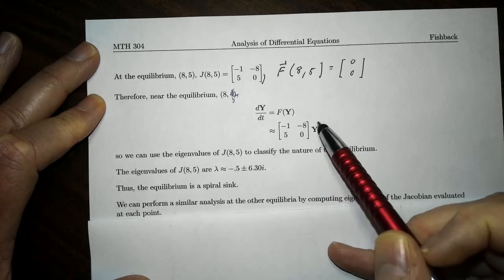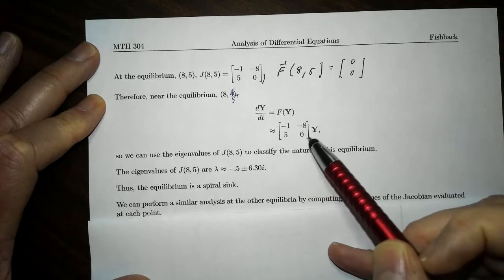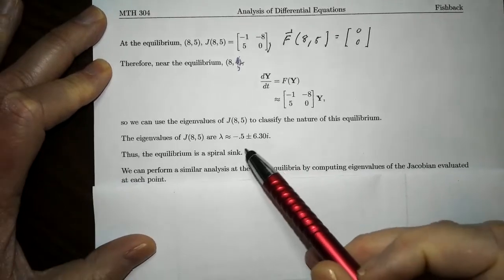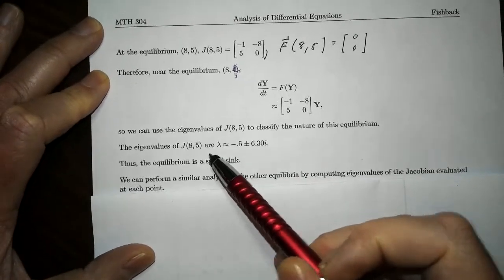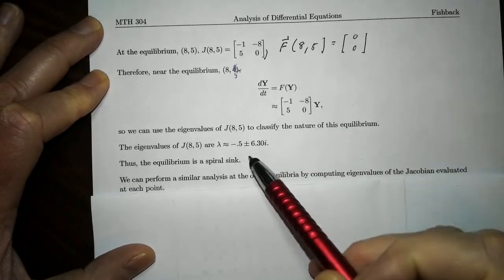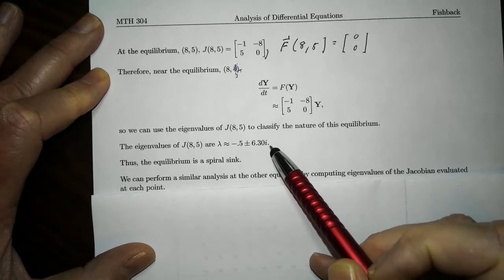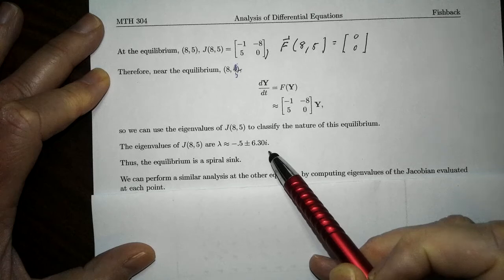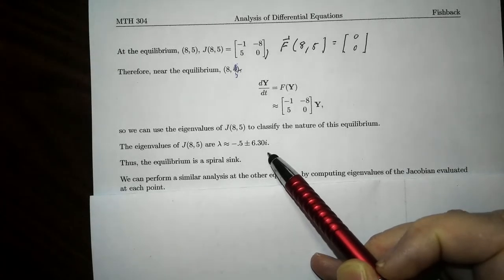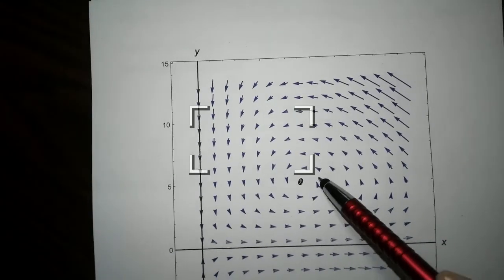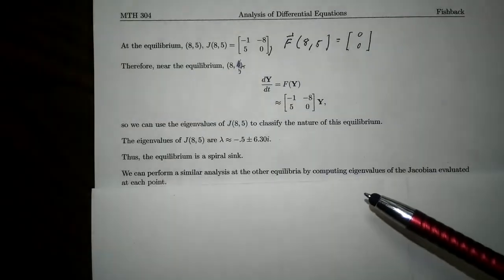But that's a linear system, and we know how to do an equilibrium analysis of a linear system. At the point 8, 5, this matrix has eigenvalues of -0.5 plus or minus 6.3i. Those eigenvalues are reflective of a spiral sink. So the picture we just looked at near this equilibrium is in fact a spiral sink locally.